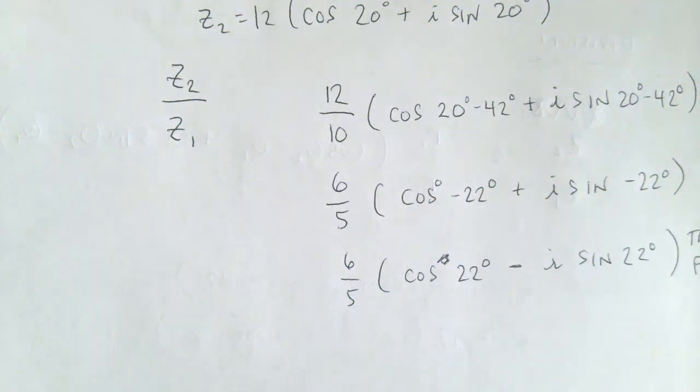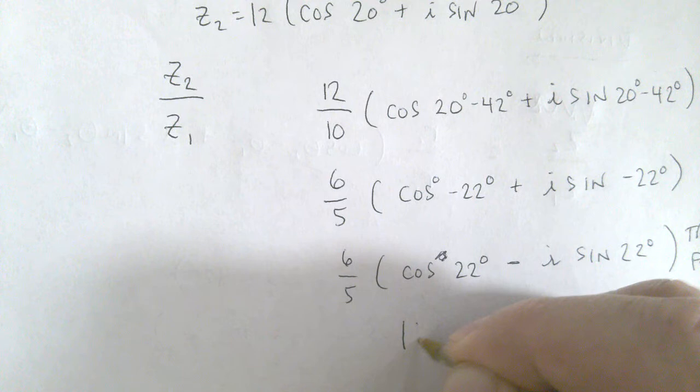And then we know that the complex form, if I take cosine of 22 degrees times 6/5, that's going to give me 1.113.